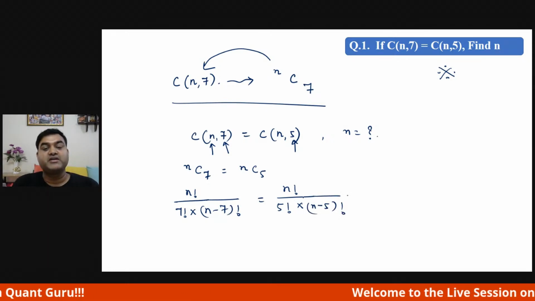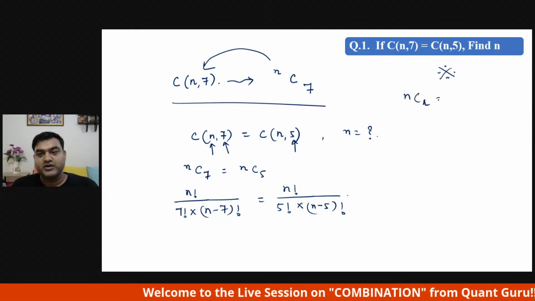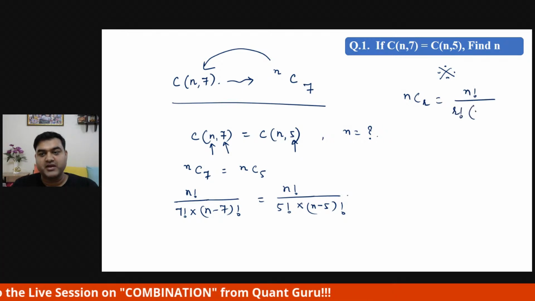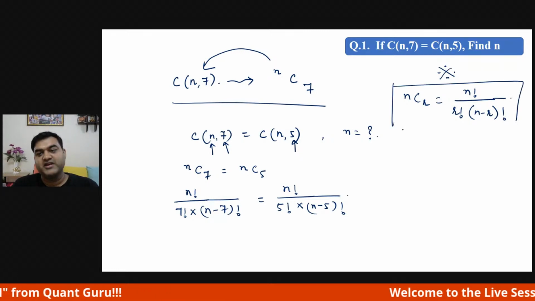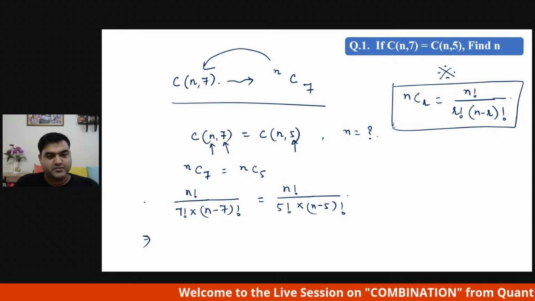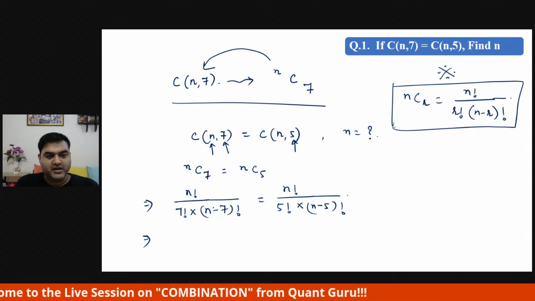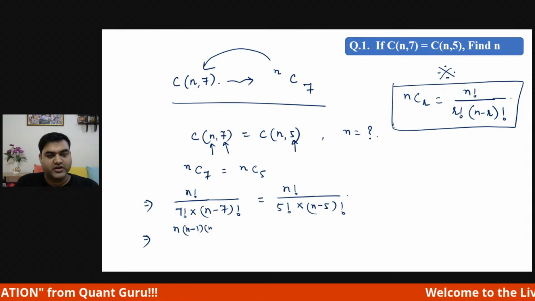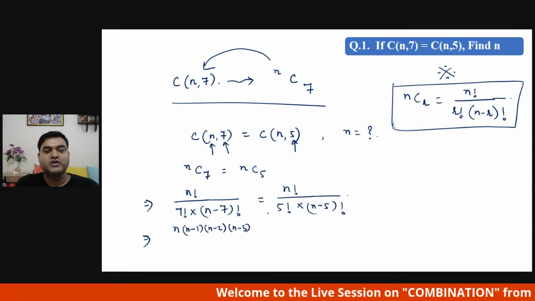I am writing using the formula nCr is equal to n factorial divided by r factorial into n minus r factorial. Using this formula, I am rewriting and trying to solve this sum. Now n factorial, let's try to cut it. It will be n into n minus 1 into n minus 2 into n minus 3 into n minus 4, like that.